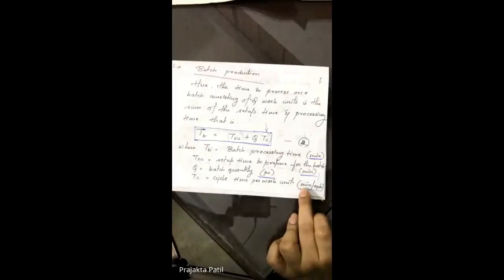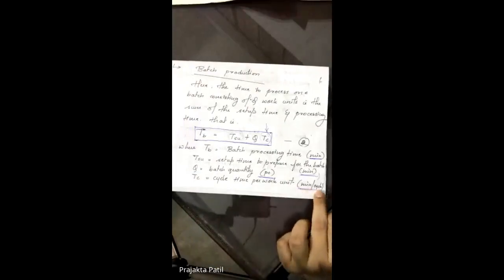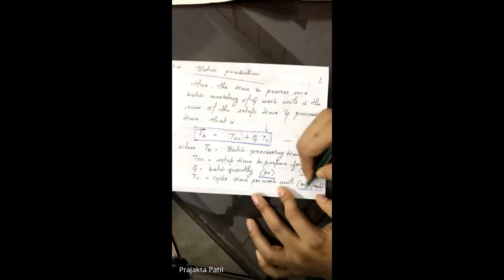Because here it is assumed that one work unit is completed in one cycle. There are Q work units, the number of parts is Q pieces. So instead of minutes per cycle, you can even write it as minutes per piece. That's fine, because we are assuming that one work unit will be completed in one cycle. There's no problem.